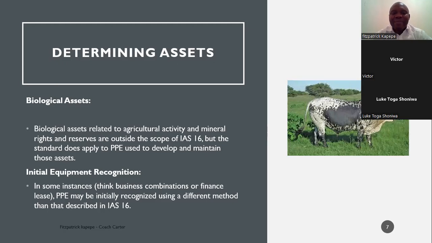But the standard does apply to property, plant, and equipment used to develop and maintain those assets. So the assets that we are using to maintain our biological assets will be under IAS 16, as long as we're using them to maintain these assets.